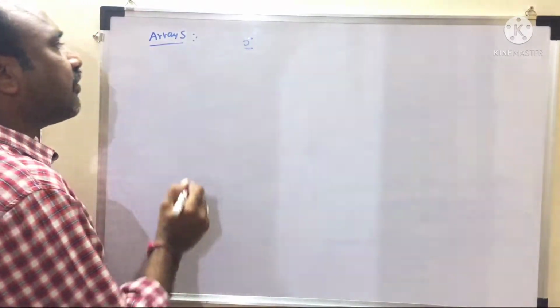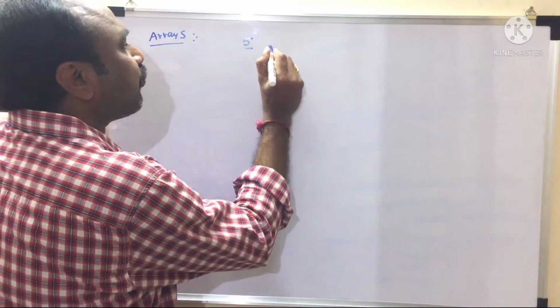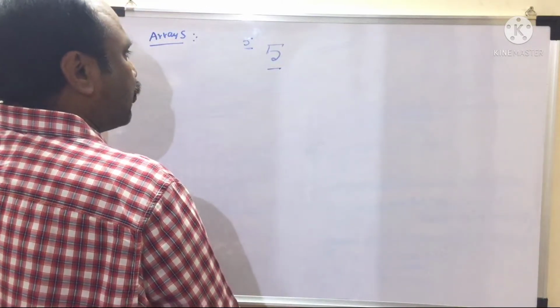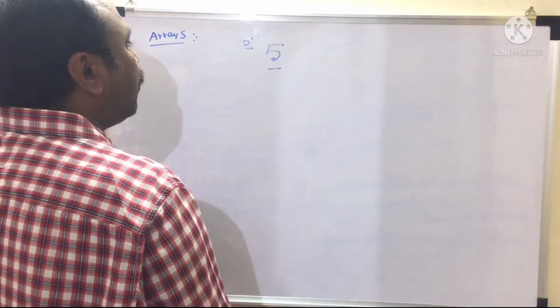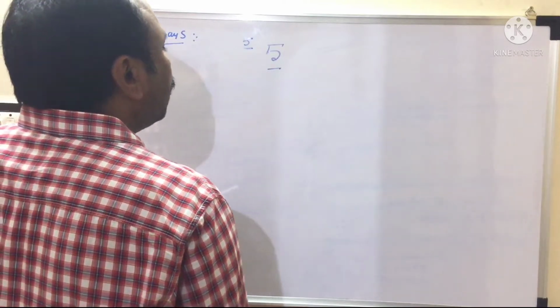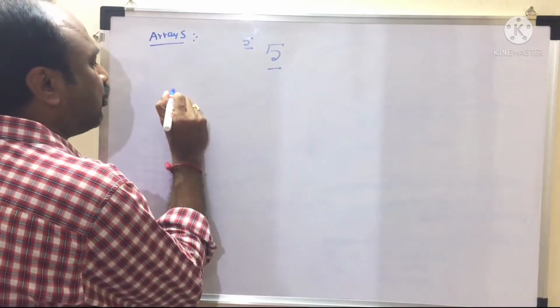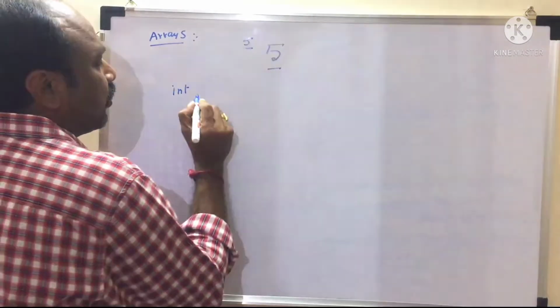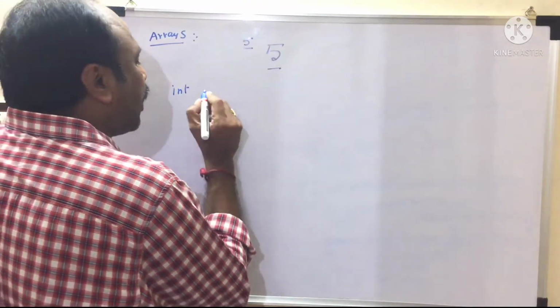To declare 5 integer values, you know it, what keyword do we have to use? The int keyword. For every value we have to give a name.